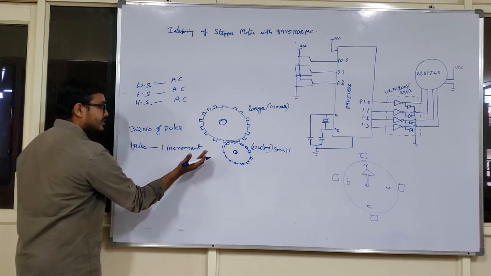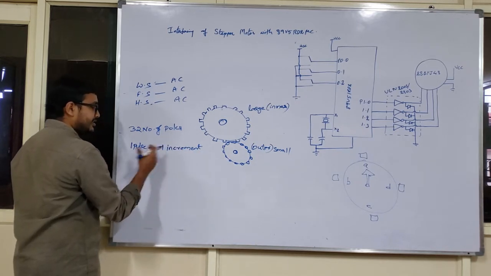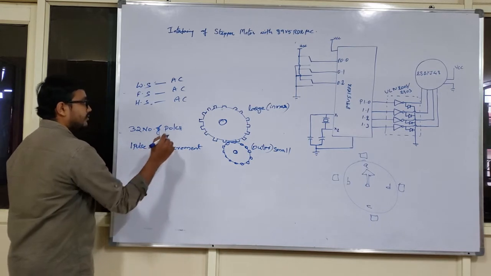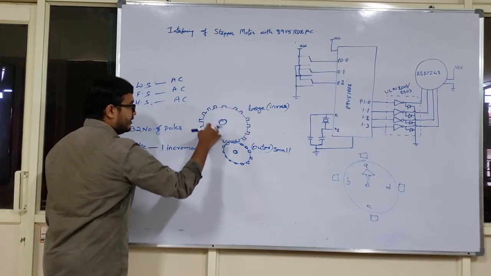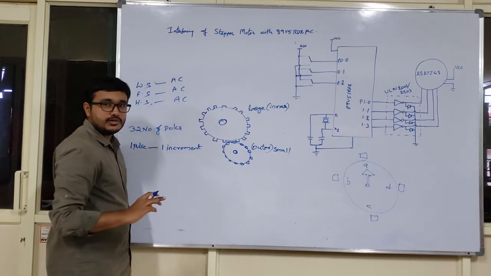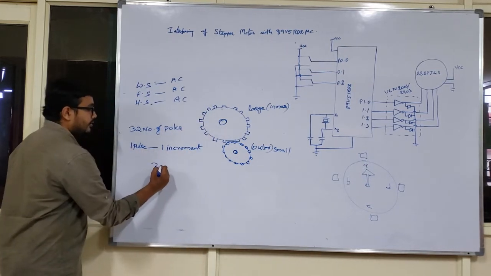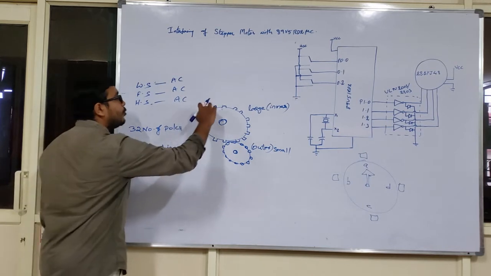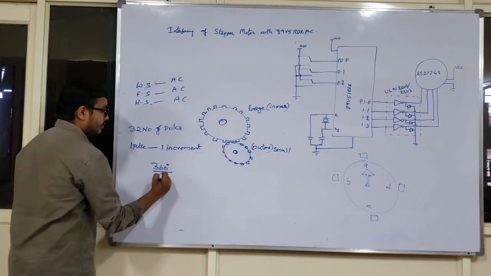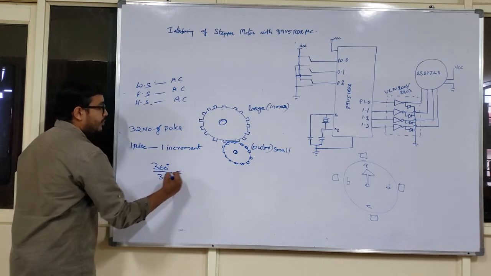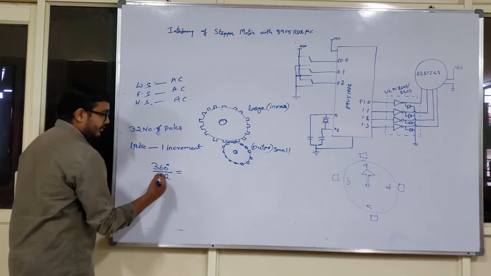One angular displacement happens after receiving one pulse. So this large gear, or the inner gear, has 32 poles, and to cover these 32 poles by the rotor, how many increments does it have to take?